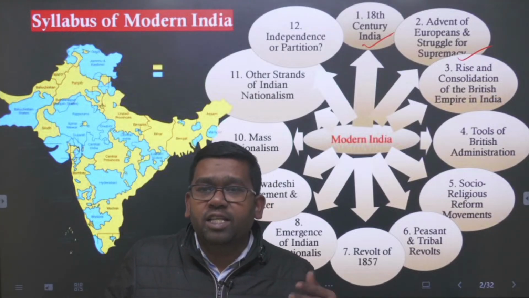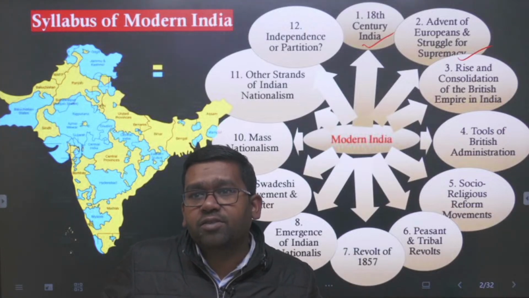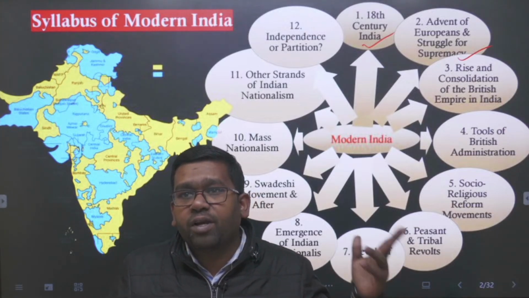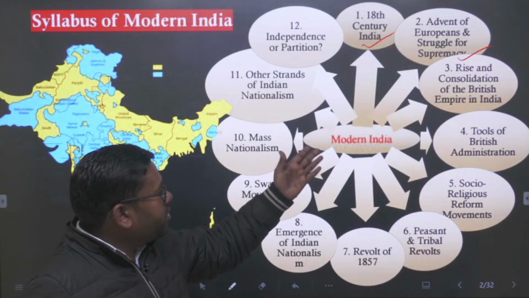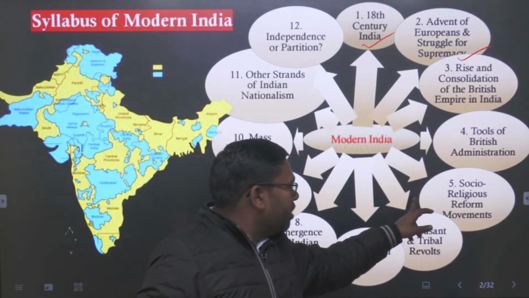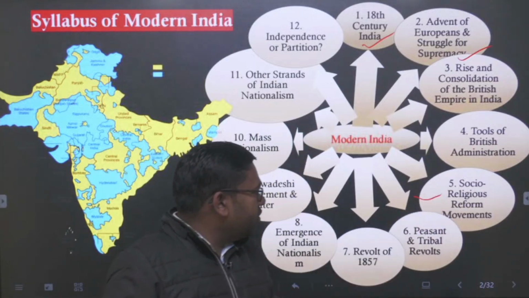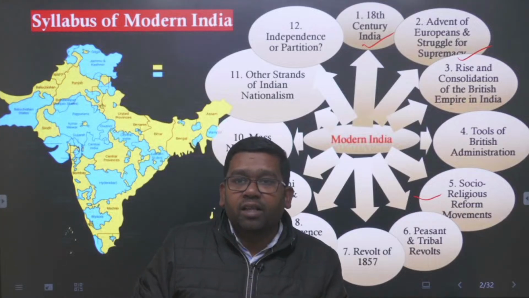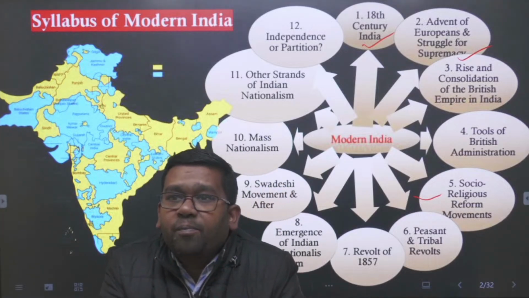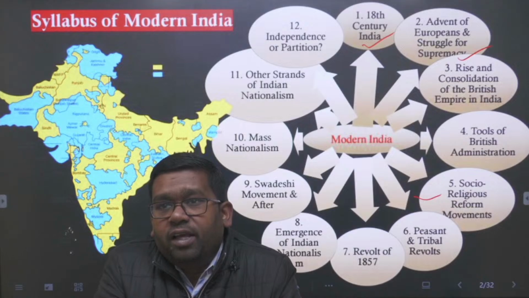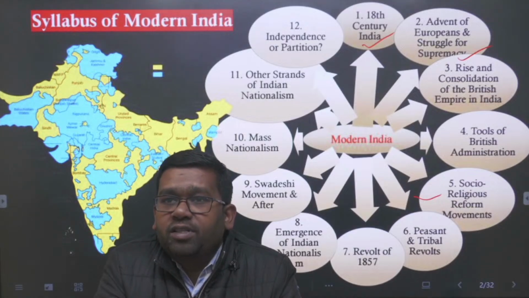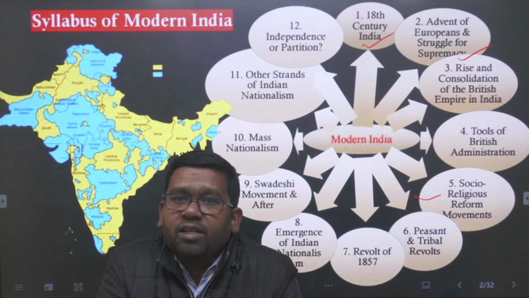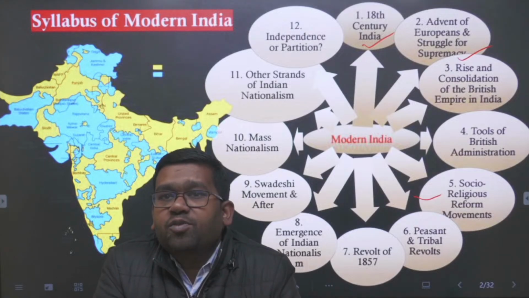It is followed by chapter 5, socio-religious reform movements. In this chapter, we are going to see how changes were brought in India by the Indians themselves. There are different types of socio-religious reform movements. Some people were saying that change should come from within, and some that it should come from legislation.